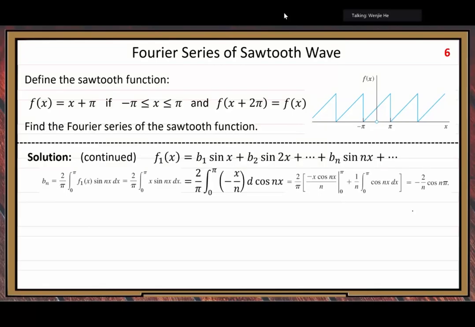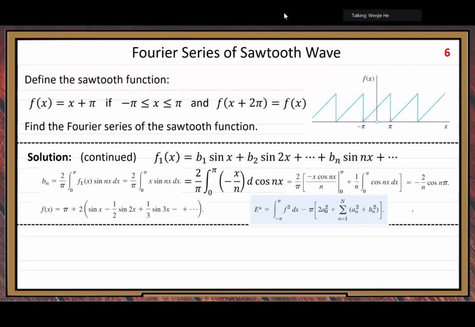So we can write this f1 Fourier series expansion, a Fourier sine series formula. Then f2 is on top of this constant term: add another pi on top. We do not need to do other terms.